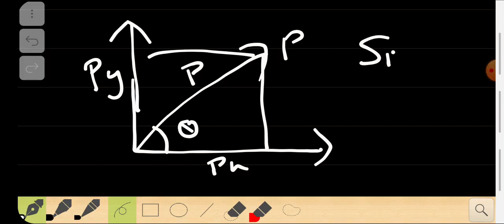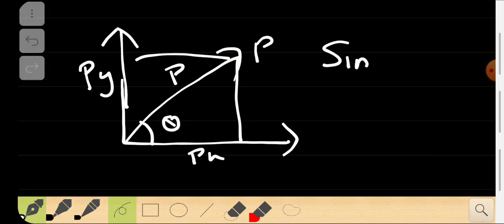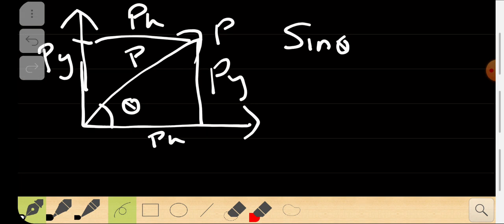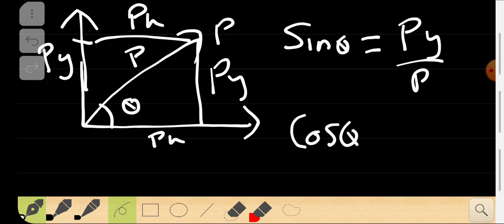You can find sine of theta, right? You can clearly see that py here will also be py, and px will also be px here. Okay, so these are parallel lines with the same vertices, so they are both equal. So sine theta will be opposite by hypotenuse, which is py by magnitude of p. And also cos theta will similarly be adjacent by hypotenuse, which is px by p, right?